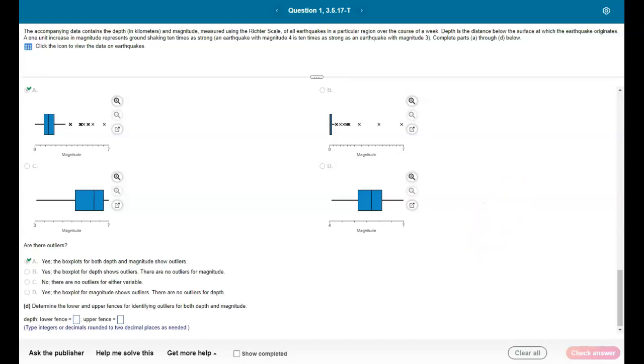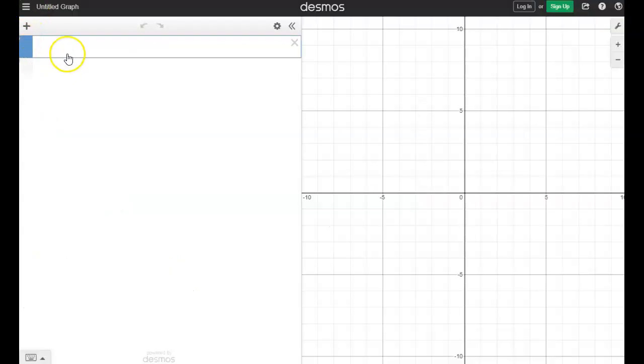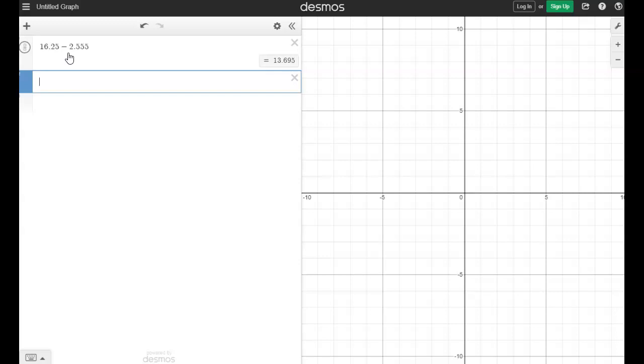So I'm going to go back to my Desmos screen. I'm sorry, I didn't mean StatCrunch screen. I'm at the Desmos screen. I just needed a calculator. So one of the things I need to do is determine the interquartile range, and that's defined as Q3 minus Q1. And this is what the interquartile range is for depth. And then I'm going to multiply that value times 1.5.